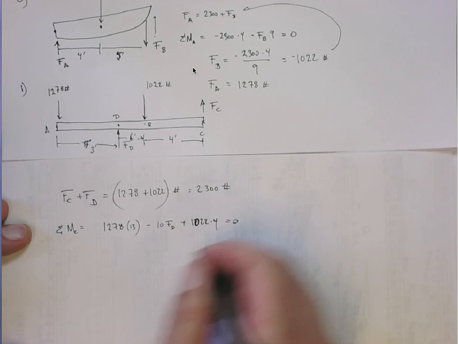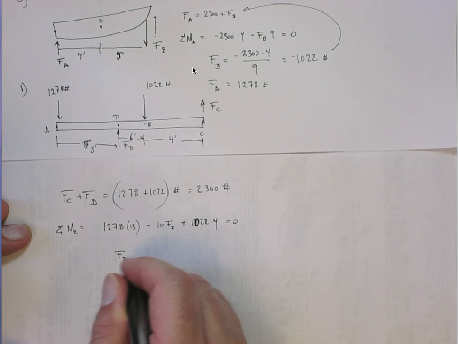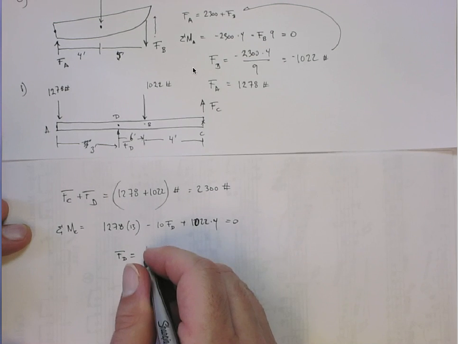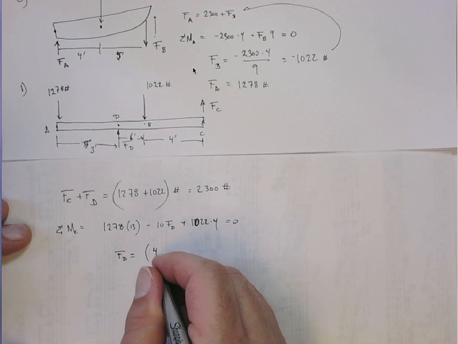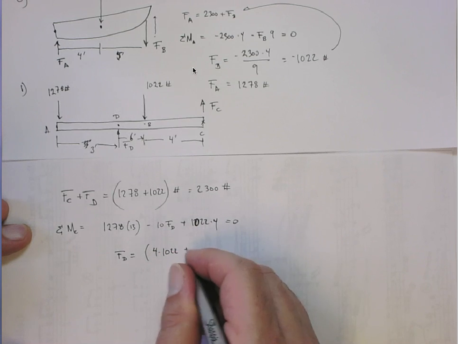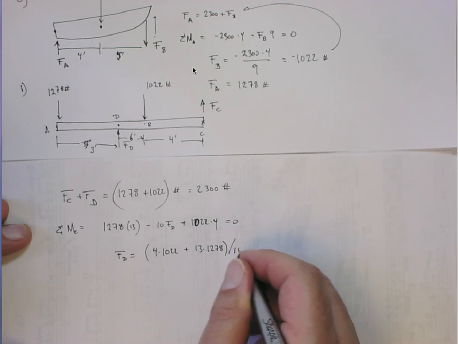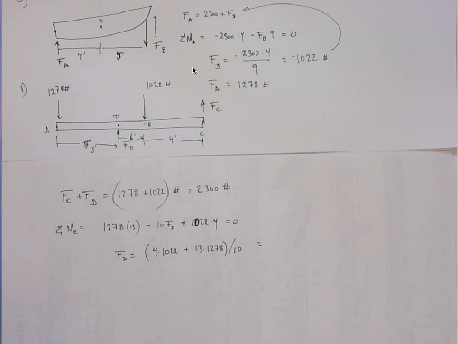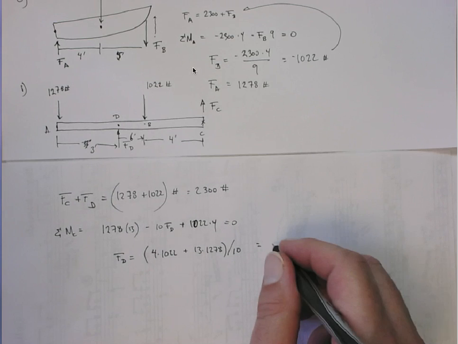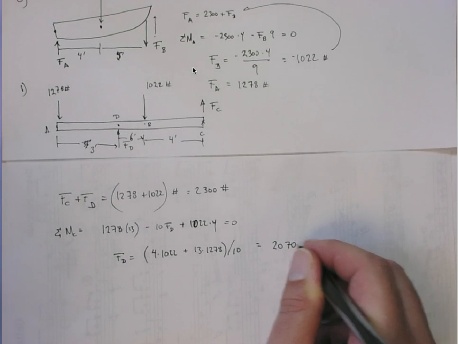This has to go to 0, so this gives me that the force at D is 4 times 1022 plus 13 times 1078 divided by 10, which is equal to 2070 pounds.